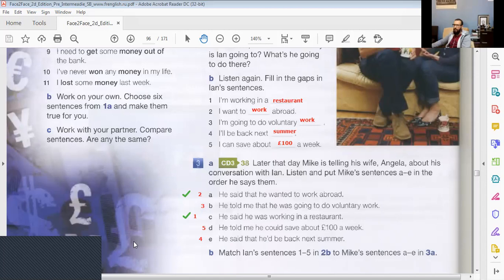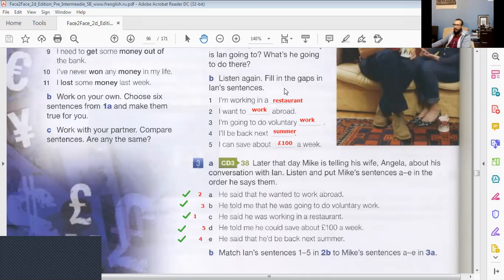Well, he can probably earn more money over there. Actually, he told me that he was going to do voluntary work. Oh, this is getting worse and worse. After all the money he spent on his studies, and now he's going to do voluntary work. But it's voluntary work with environmental lawyers. He wants to do environmental law in the future. I think it's wonderful. Well, anyway, he said that he'd be back next summer. Right. He told me he could save about £100 a week, but I don't think that's possible. Andy said the flight was £600. Oh, he's wasting his money.